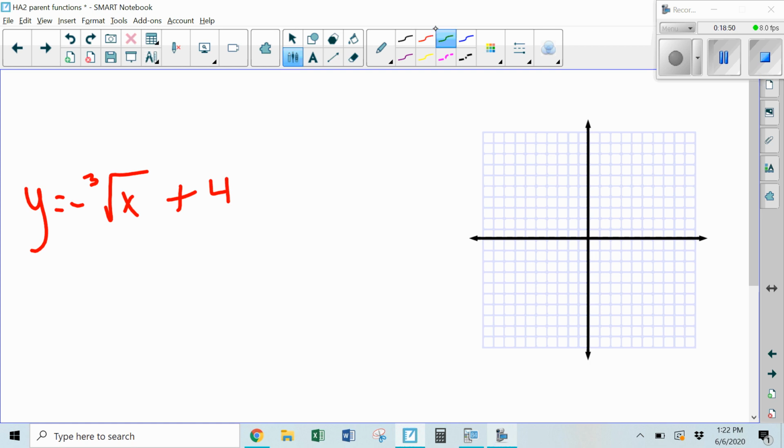Okay, so what was the parent function here? It's cube root of x. So parent function is no plus or minus, no left, right, up, down, nothing like that. It's basic function. Okay, so please plot some points for your cube root graph. You may need to pause the video to get that done.